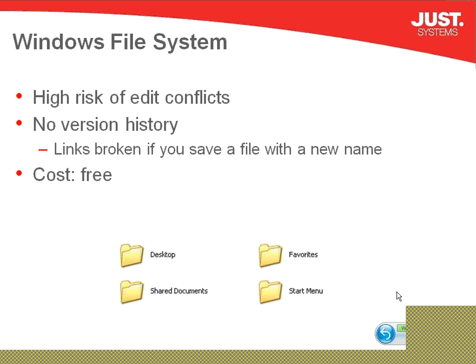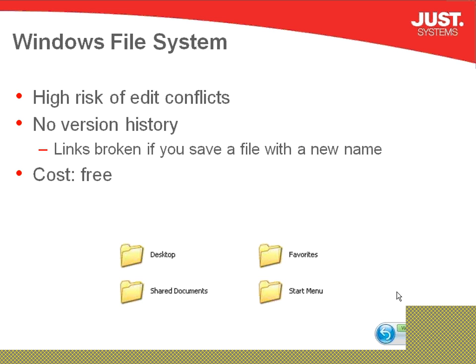It's on your computer already, and you don't have to set it up. But there are a couple of really big drawbacks. One of them is edit conflicts. If you have multiple people who are all able to open and edit documents on a shared drive, you're quite likely to have some kind of problem at some time.